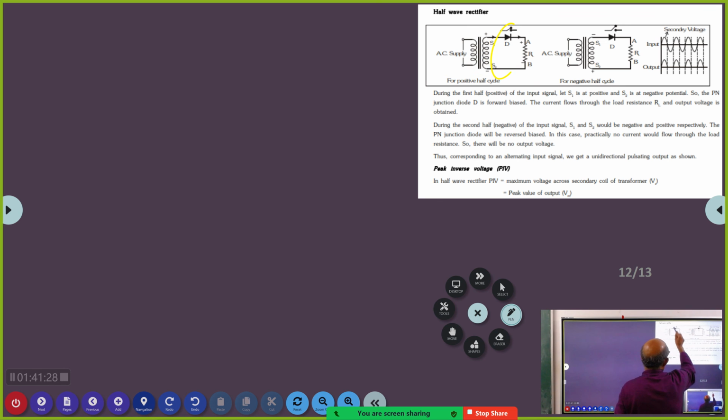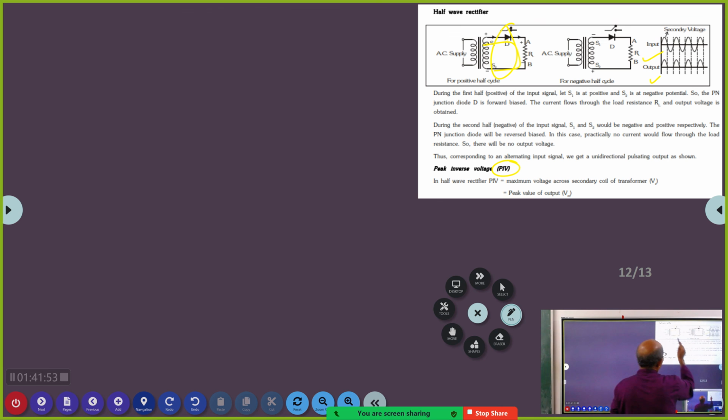Well, here again I have explained the circuit. What this waveform is, I have also told. So this is what happens in a half wave application. Okay, same thing. So there is a concept of peak inverse voltage. Now you see, during the positive cycle, this diode is on, so the current will flow like this. No issues.